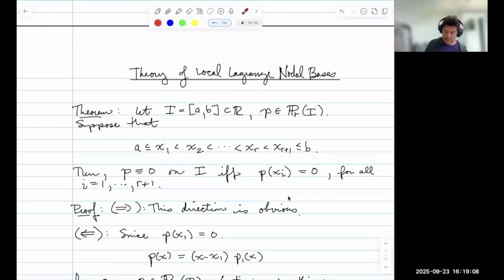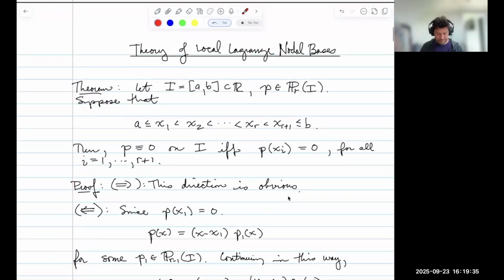Okay, so I want to talk a little bit more about the theory of Lagrange nodal basis functions. What is the meaning of these psi functions and how they work and what are their properties? And after that, we're going to get into the discussion that I alluded to earlier about the reference triangle and the canonical affine mapping from the reference triangle.